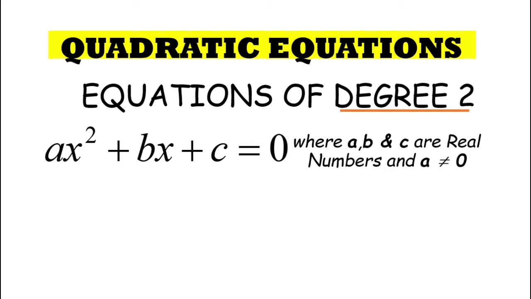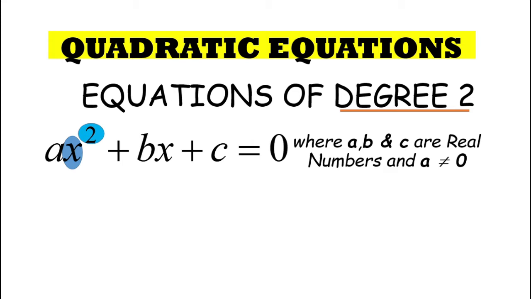Now notice that we have two x's here, this one and this one. However, the variable x which has the highest exponent is this one, and its exponent is 2. The highest exponent is 2. That is why this equation is of degree 2.